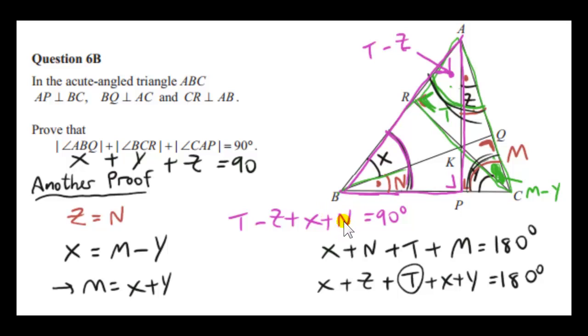But what is N? Well, N is just equal to Z, so we can get rid of that N. The Z's cancel here, so we see that if we shift the X over, T is equal to 90 minus X. So I've got T in terms of X, so I can sub it in here.